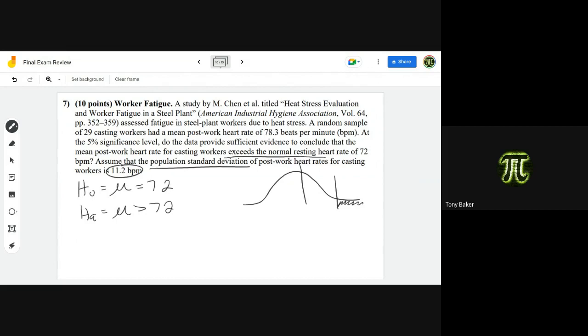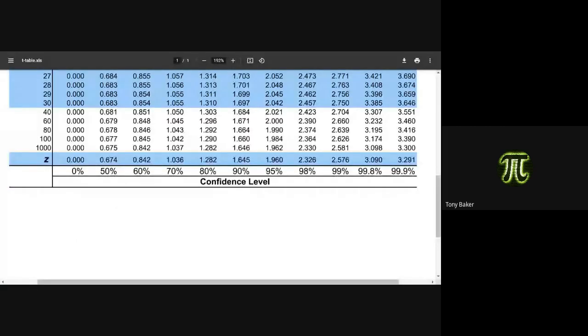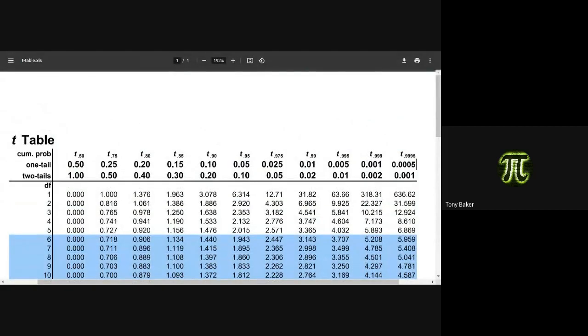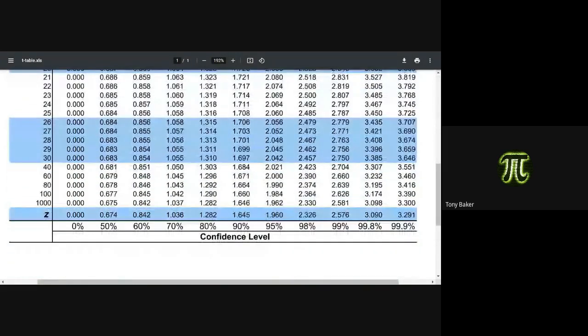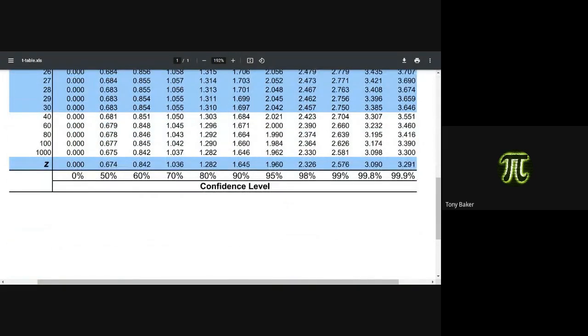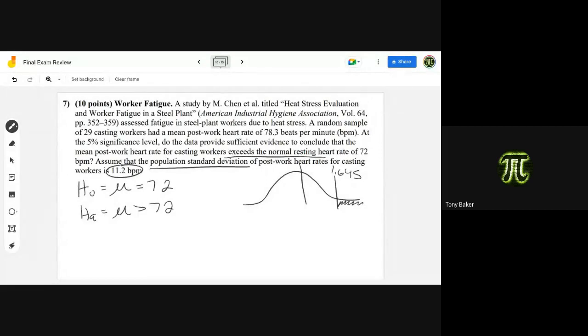So my Z is 1.645. One-tailed, 5%, 1.645. Let me scroll down. 1.645. And since we're looking at the upper end, we take the positive version of that.